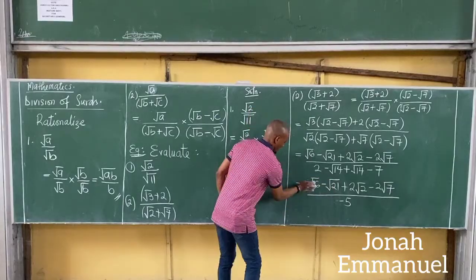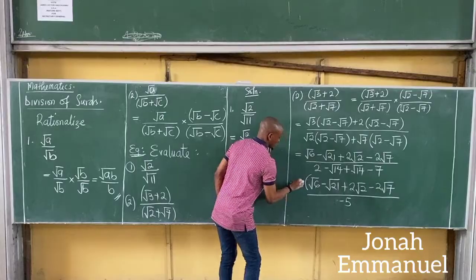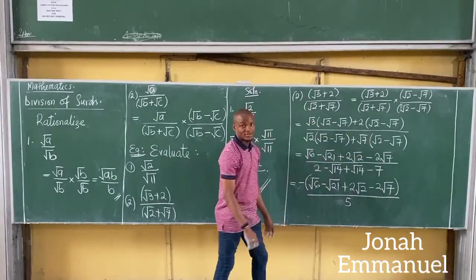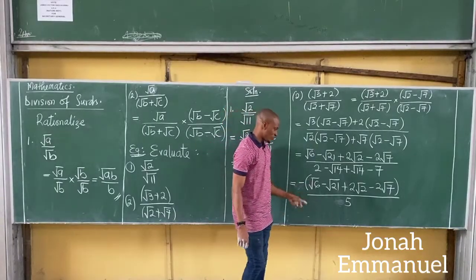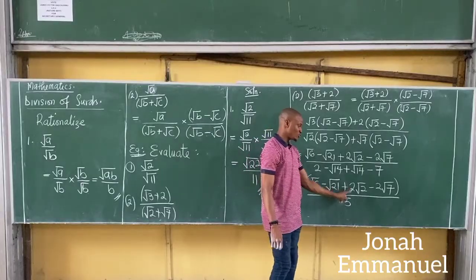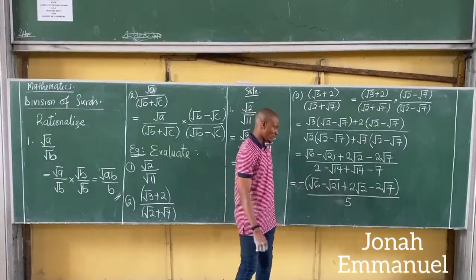So that now gives you, equal to, in brackets, minus this. Take off the minus here. So I have this. Are we good? If you want to, you can expand. It will give you minus root 6 plus root 21 minus 2 root 2 plus 2 root 7. Is it correct? Right, so this is your answer.